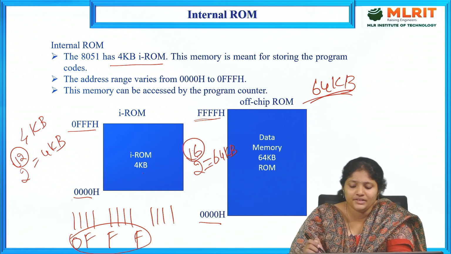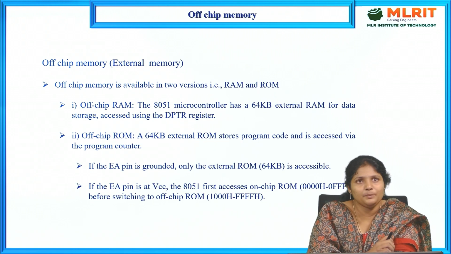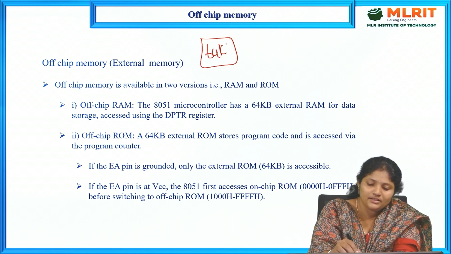So to address 64 kilobytes of memory, we need 16 address lines. Okay. So coming to the off-chip memory, which 8051 supports, it is of 64 kilobytes, right?